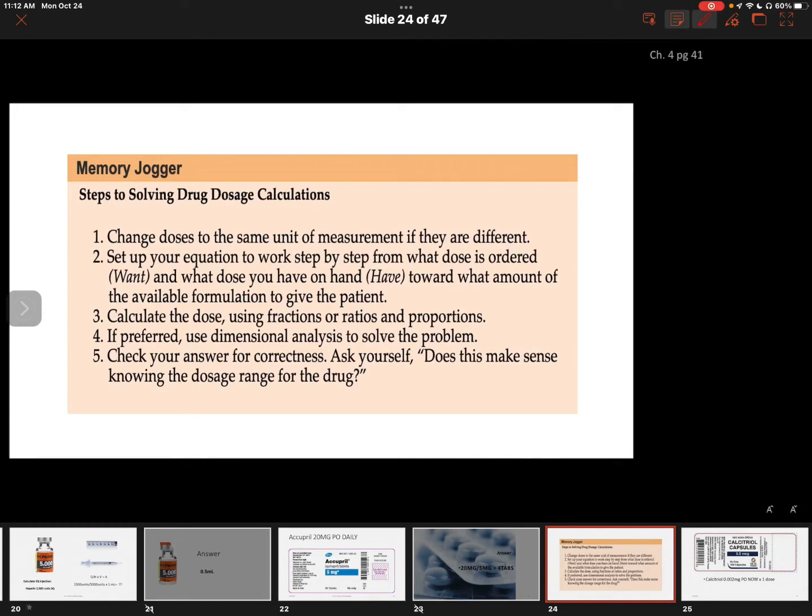Step 3, calculate the dose using fractions or ratios and proportions. Step number 4, if preferred, use dimensional analysis to solve the problem. Number 5, check your answer for correctness. Ask yourself, does this make sense, knowing the dosage range for the drug?